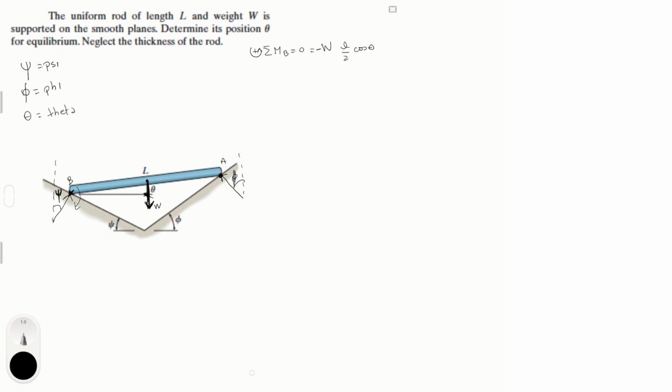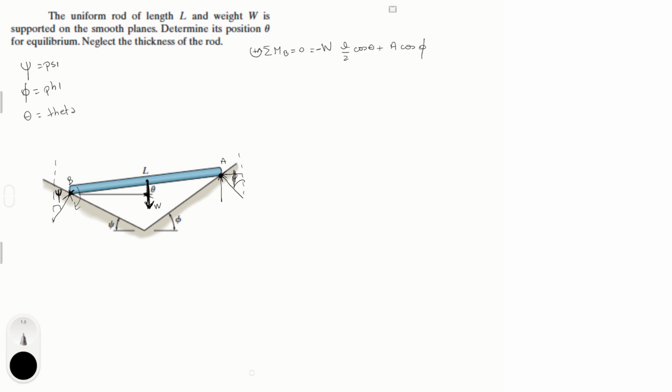Now A has two components, a y component and an x component, and they're both creating respective moments. So A cosine of phi is the y component, the component that's going straight up, and it's trying to turn the whole unit counterclockwise, so it's positive.